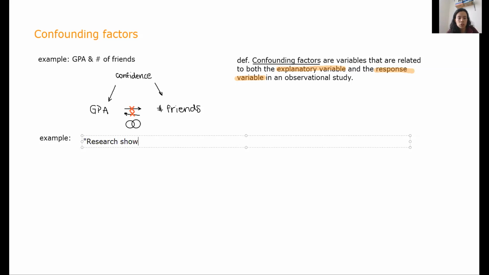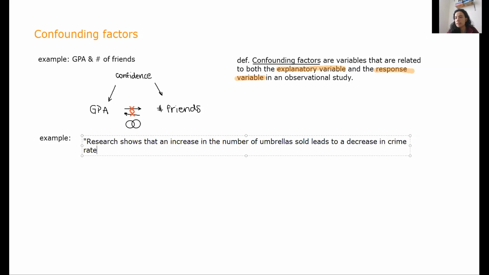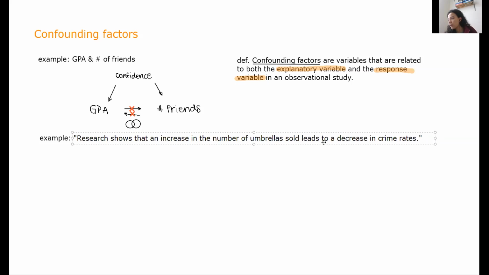Research shows that an increase in the number of umbrellas sold leads to a decrease in crime rates. Okay, so you'll have maybe 1 minute to think about the two variables that are being linked here, and then if there seems to be a confounding factor that could explain both of these.